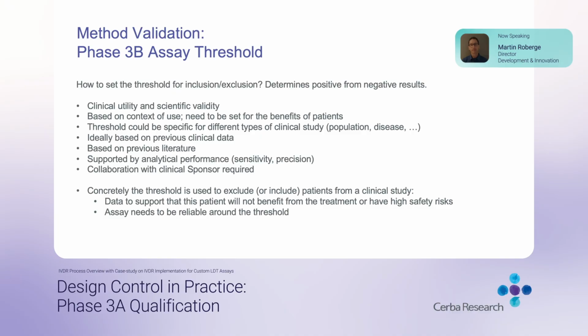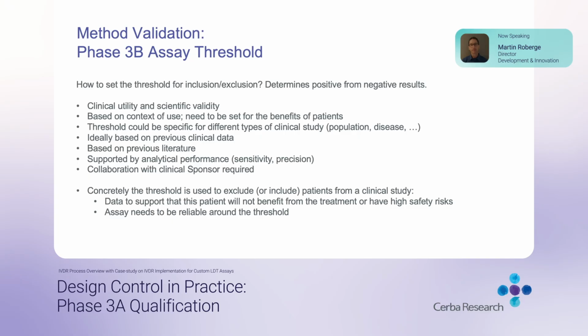So finally, we have an assay, it's validated. We need to validate further, but how is the threshold for inclusion and exclusion going to be set? This is the goal of the assay, to exclude or include patients and make sure that the patients are used or not in the clinical study.